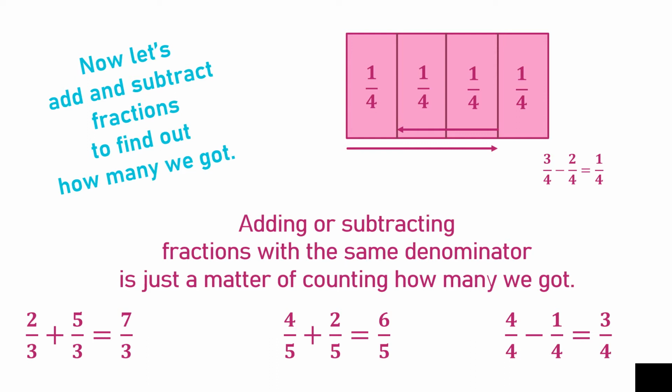We have 7/3. 4/5 plus 2/5 means that we have 6/5. 4/4 minus 1/4 simply means that we have 3/4 remaining. So adding or subtracting fractions with the same denominator is just a matter of adding or subtracting the numerators to find out how many we have.